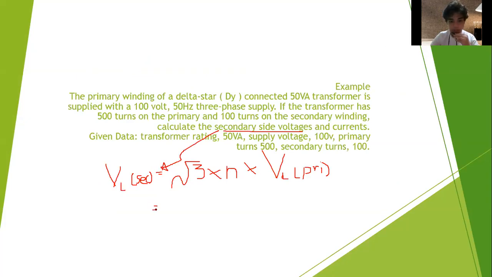So this is the equation: square root of 3 times n times VL primary.